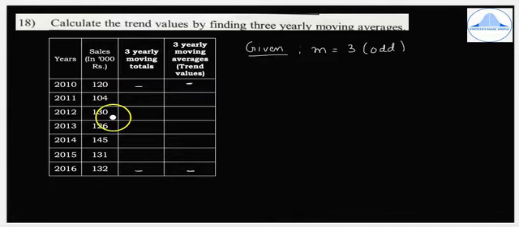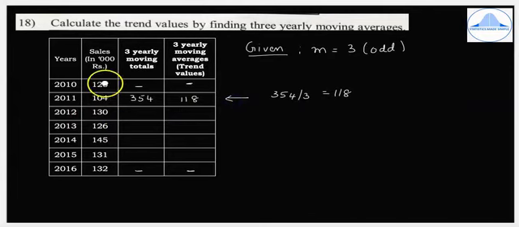Now the middle for these 3 years is 2011. So corresponding to 2011, write 354. And when we divide 354 by 3, then we will get the trend value as 118.